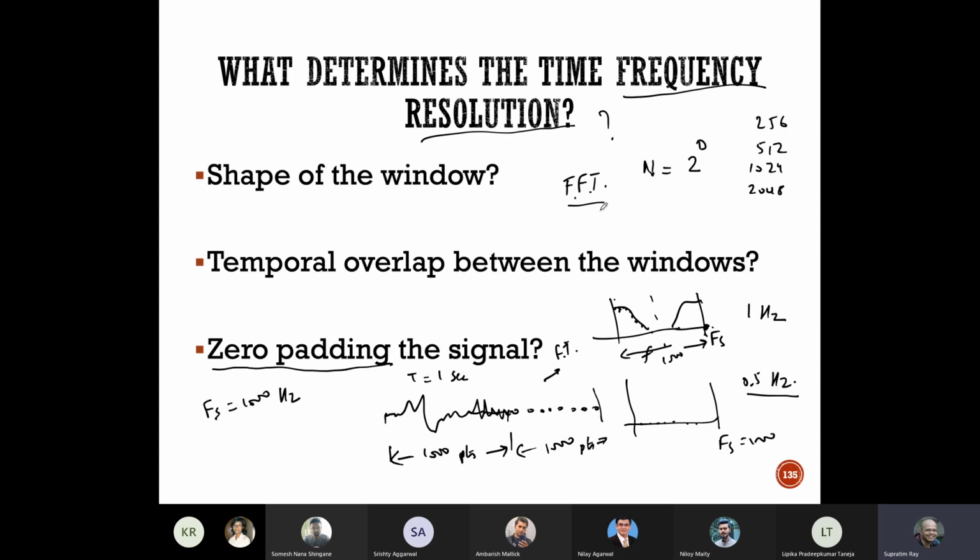Nowadays, there are variants of this FFT which are very fast, even if this doesn't hold true. We won't get into those details, but this requirement of having n as a power of 2 was there 2 or 3 decades ago, when the algorithms really needed this. Nowadays, it's not such a big deal. You could just work with 1,000 points also, and it's fine.